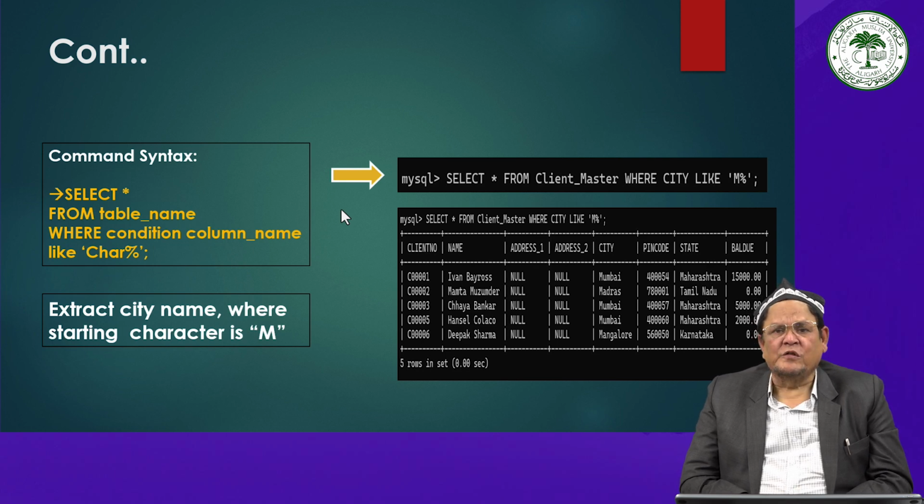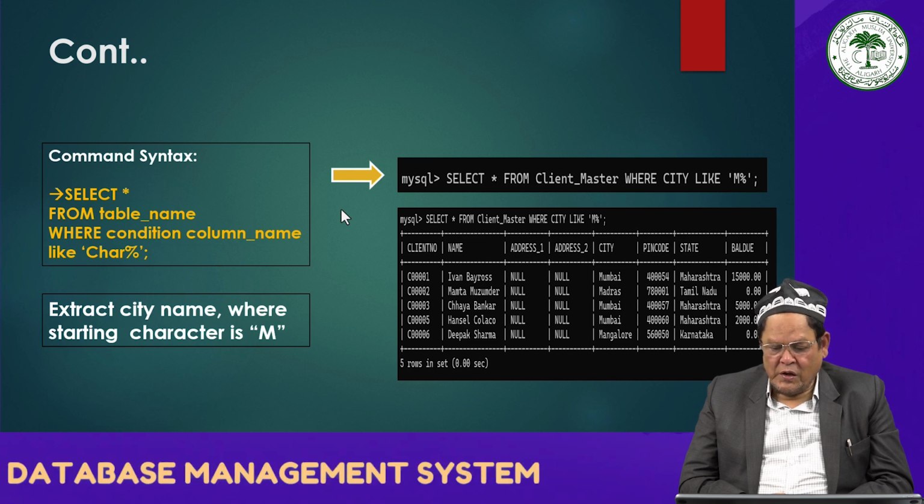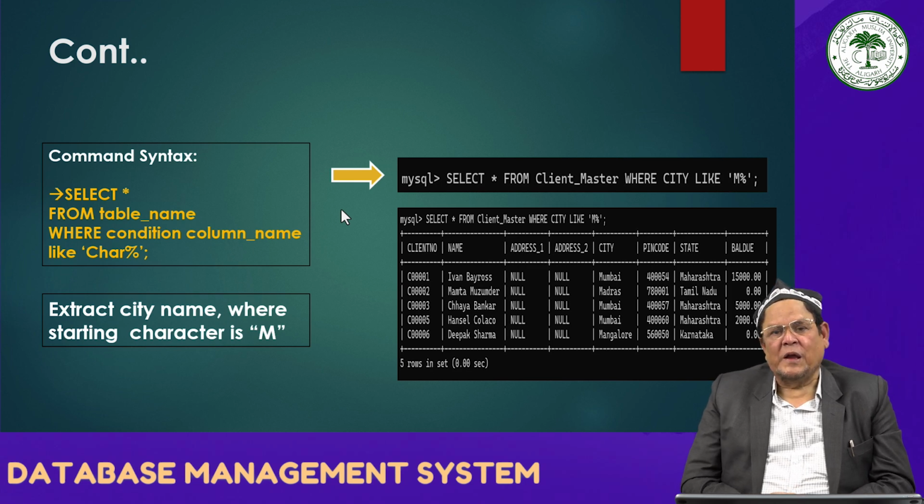But here I have used an asterisk: SELECT * FROM client_master WHERE city LIKE 'M%'. It will show all the names and the cities. You can see the city column: Bombay, Madras, Bombay, Bangalore. The city names start with M.